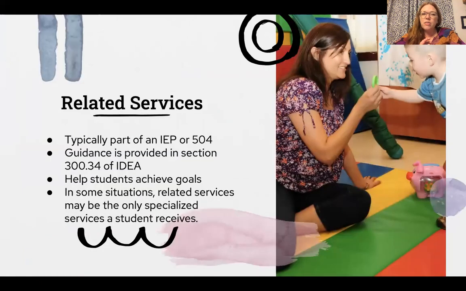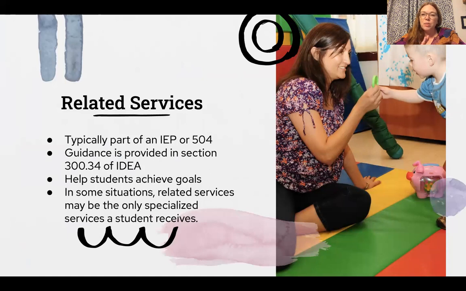So related services are typically part of an individualized education plan or a 504 plan. And guidance for this is provided in section 300.34 of the Individuals with Disabilities Education Act. So if you really want to dig into the law and see the exact wording about what related services are, I would guide you to read more there.